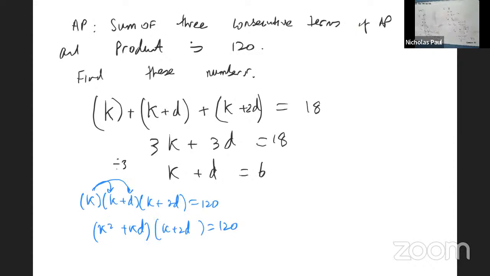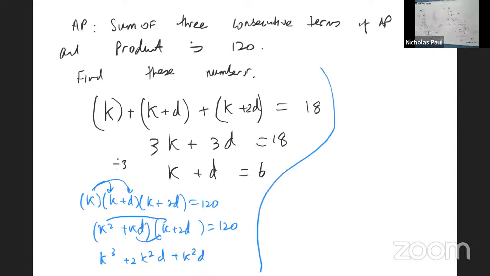All right, of course, I'll help you multiply it out. K squared by K is K cubed. K squared by 2D is 2K squared D. KD by K, K squared D. And KD by 2D is 2KD squared.